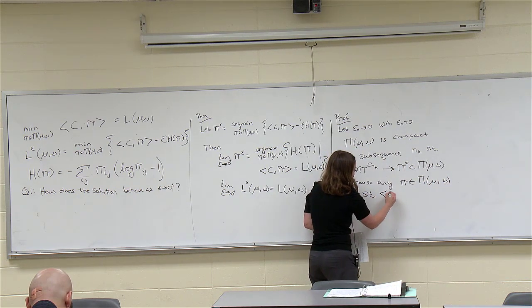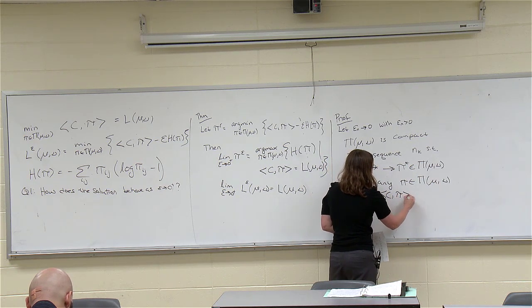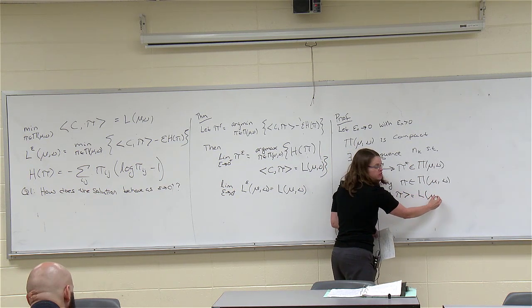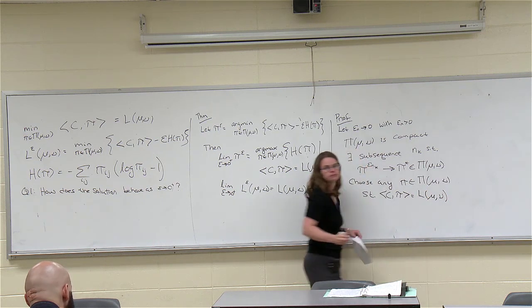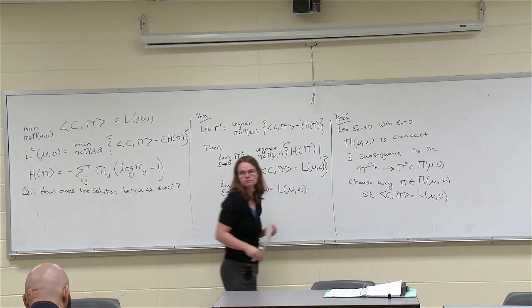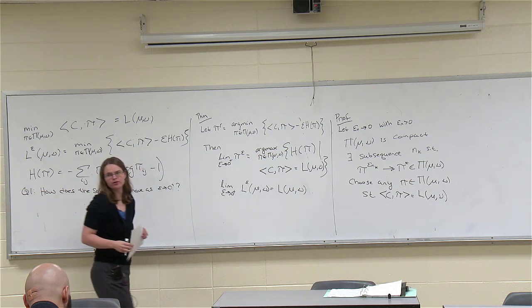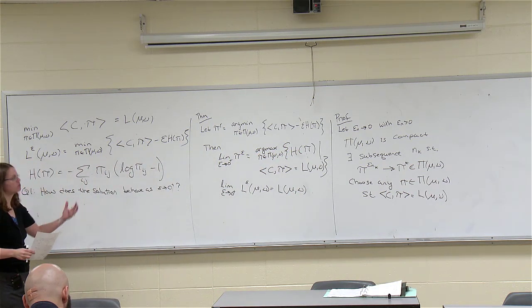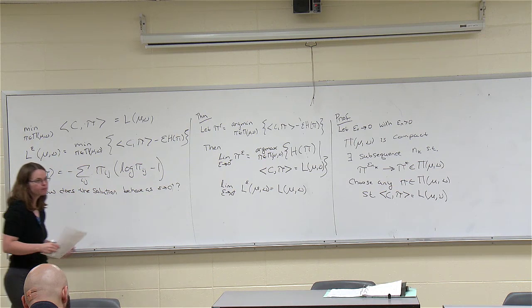So by that, I mean that our objective function is equal to the minimum. This guy may or may not be uniquely determined, but there is certainly a minimizer.